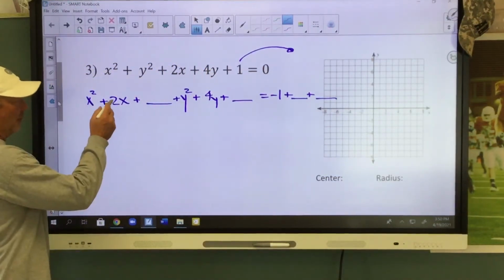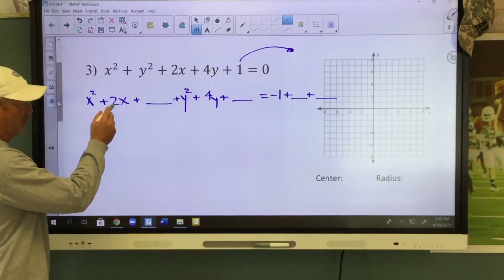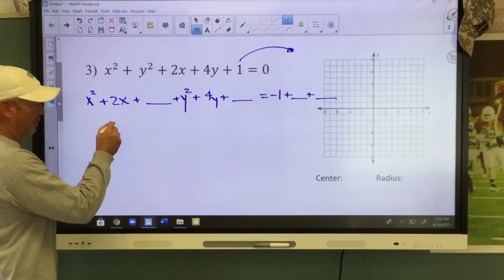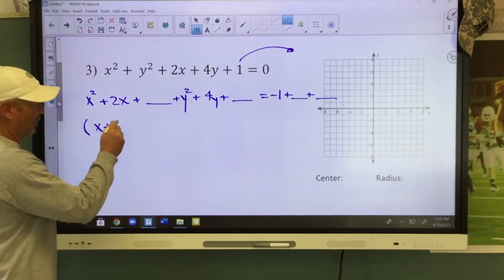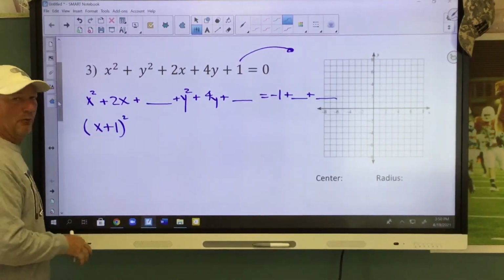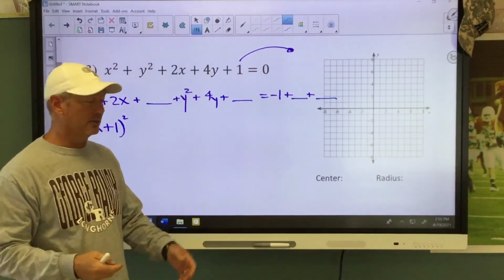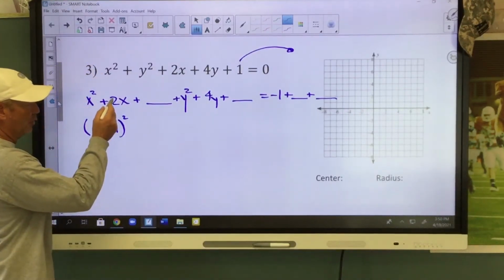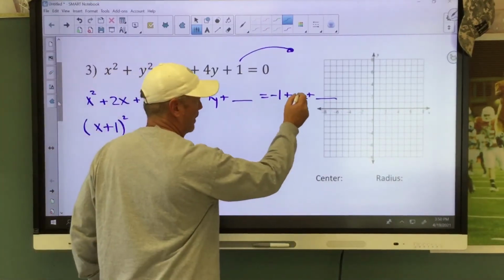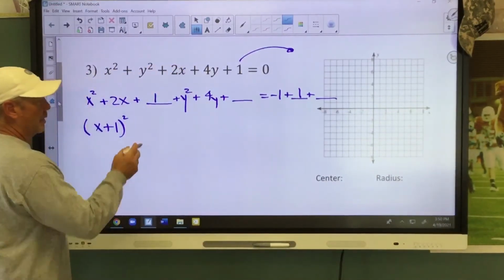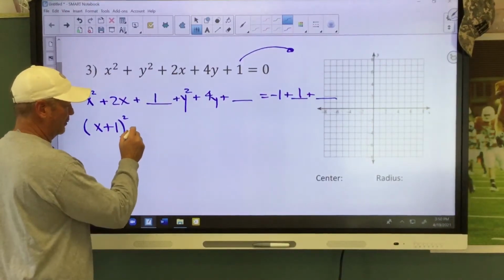Take half. What is half of 2? Half of 2 is 1. We're going to bring down the x and the parentheses squared, just like we were doing with our parabolas. Half of 2 is 1. 1 squared is 1. Repeat the process with the y's.